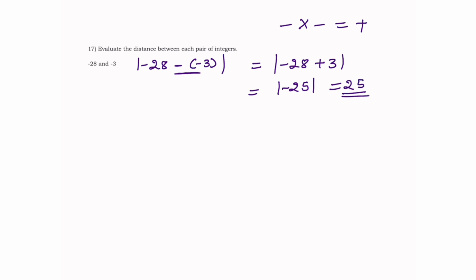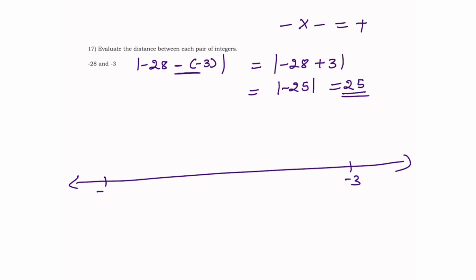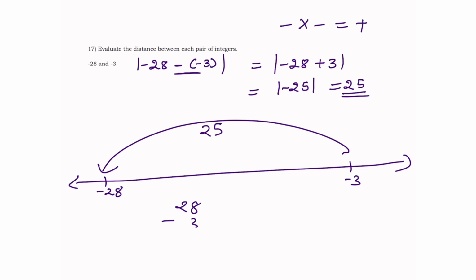Even on the number line, if you want to do it here. So if you are here at minus 3 and you want to reach here at minus 28, how many steps do you need to come here? You need to come 25 steps, because you will do 28 minus 3, which is 25. Simple. The next one, and then that's the last on the list.